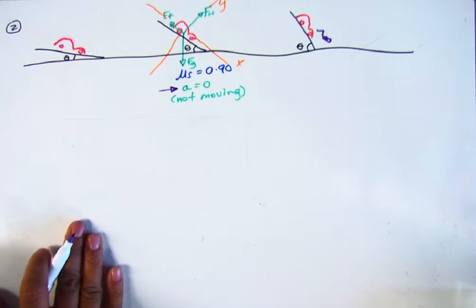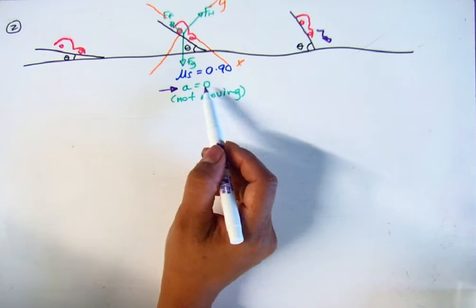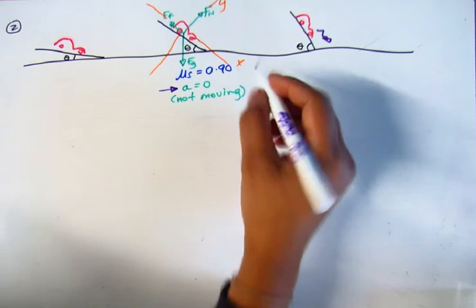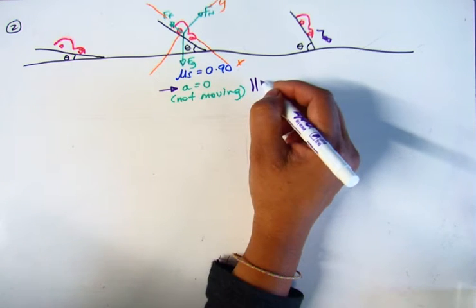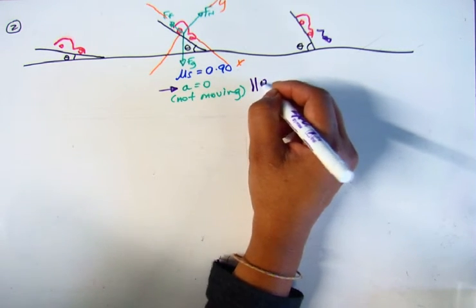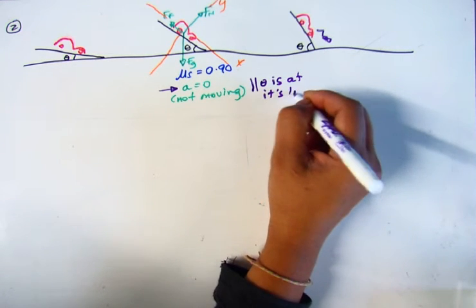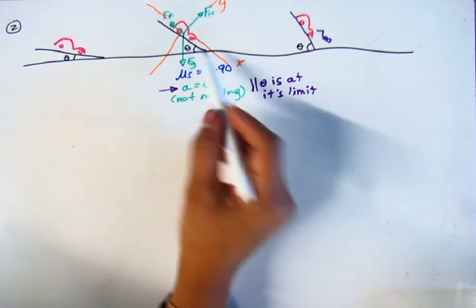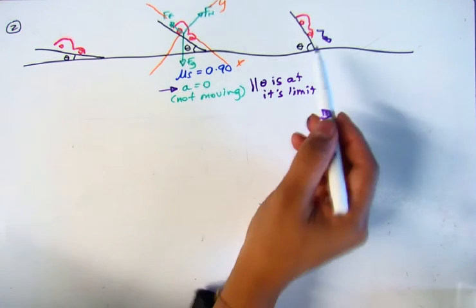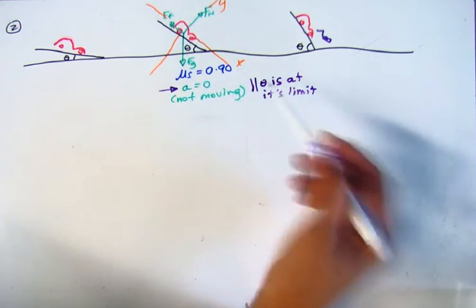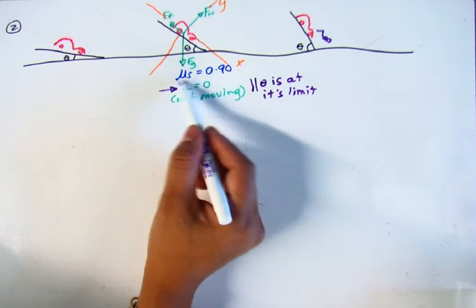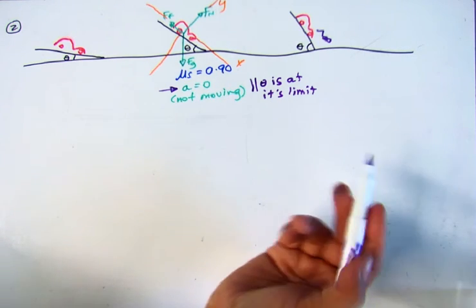So for this particular problem, I'm analyzing it at the limiting condition. I want to take this to be true, and this theta is at the limit. At this theta, a is 0, but at any theta greater than this one, it's going to start to move. So we can still analyze it as if it's using static friction here.